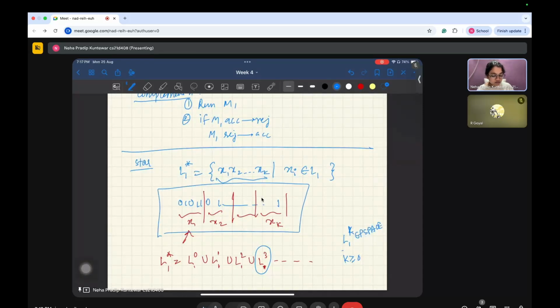So what does an input of L1 to the k look like?